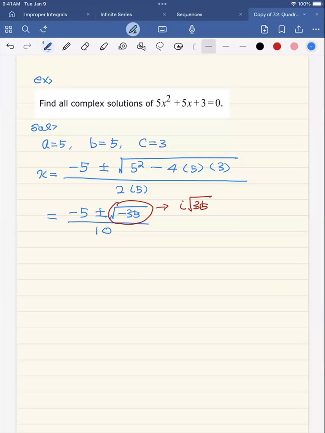So we have two solutions. Those are minus 5 plus square root of 35 i over 10 and minus 5 minus square root of 35 i over 10.